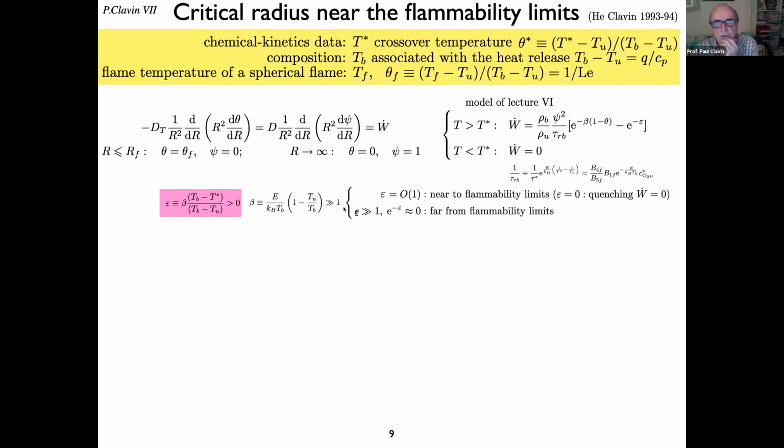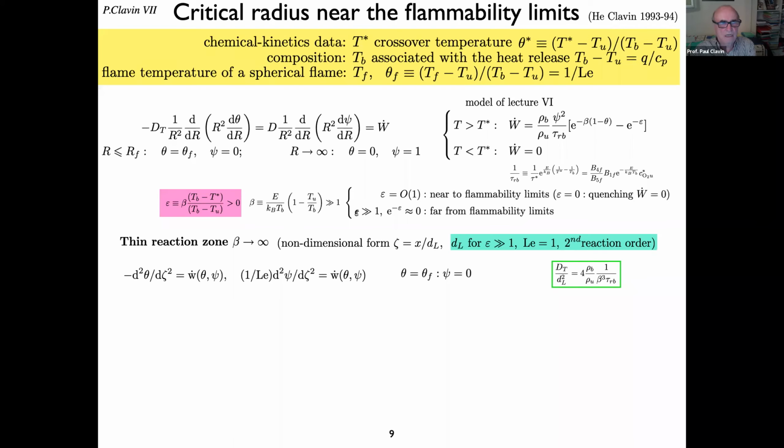This number is going to be of order unity in our analysis, and it defines the distance from the flammability limit. When you are at the flammability limit, it is 0. When you are far from the flammability limit, when you have a flammable mixture, epsilon could be very large.